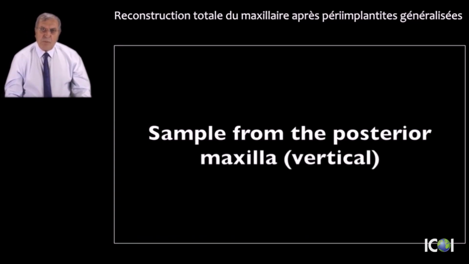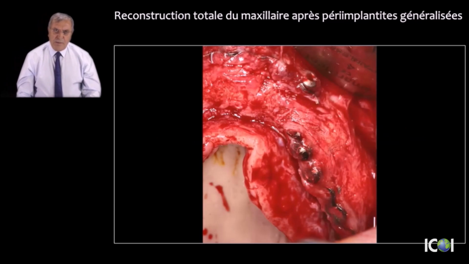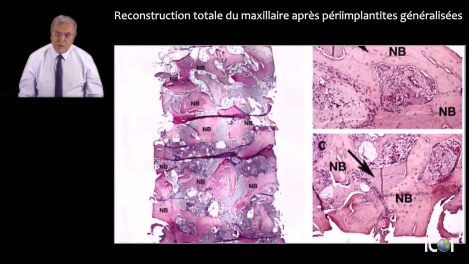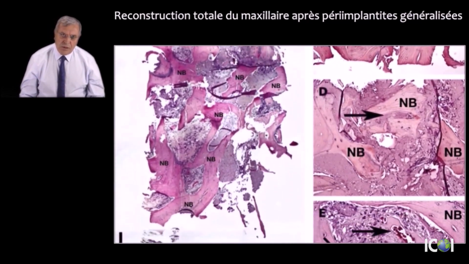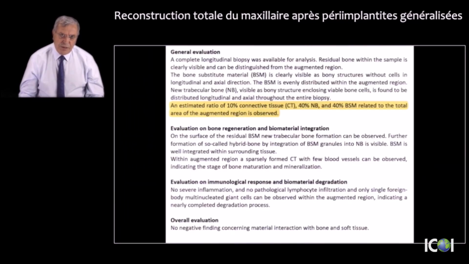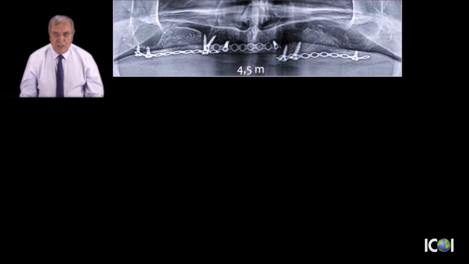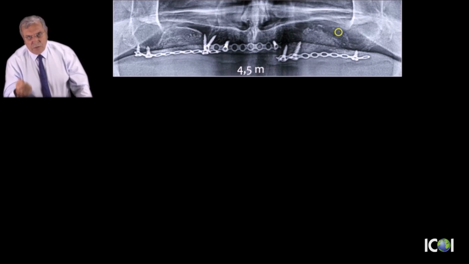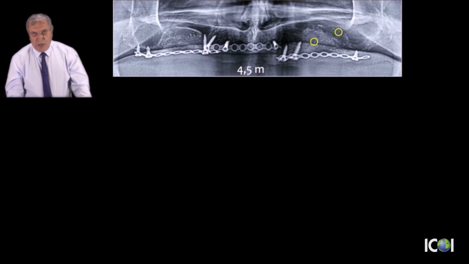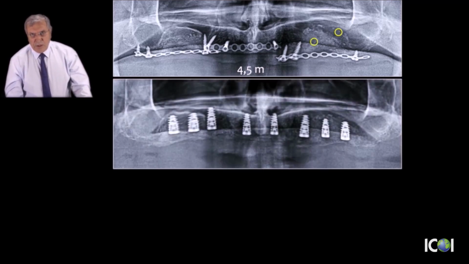The second sample was in the posterior maxilla, and the histology was 40% of new bone. But this is not the main interest. The main interest is that when we analyze the bone that we got from the biopsy, okay, we place the implants.